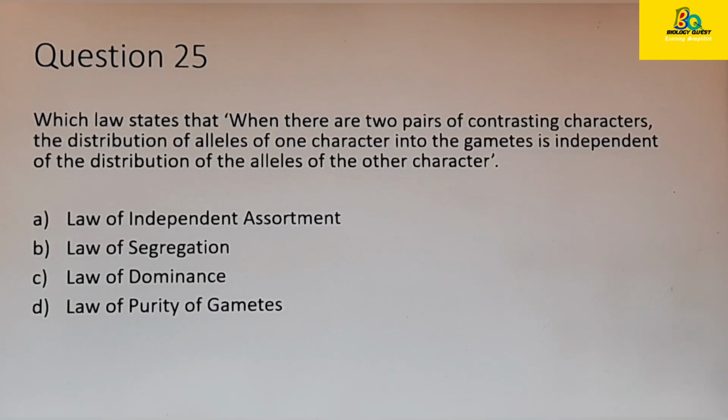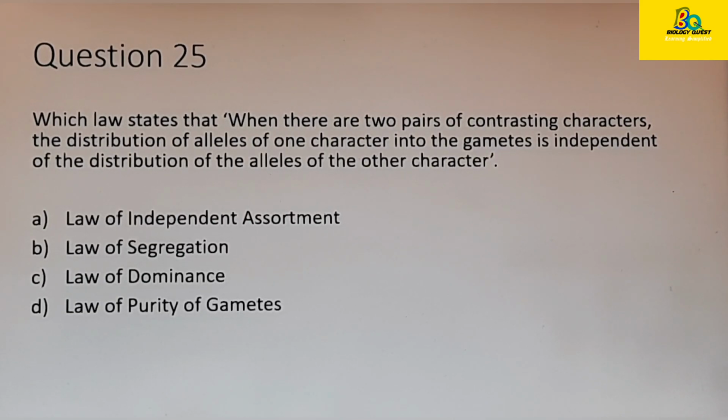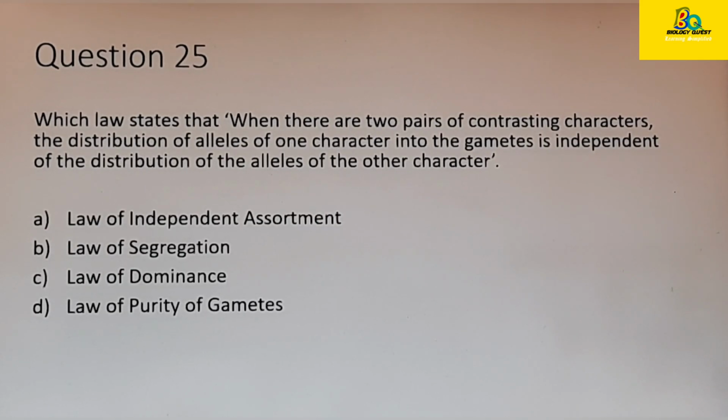Okay, now if you look at the four options, you can clearly cancel out two options, law of segregation and law of purity of gametes, because both are one and the same thing. So there cannot be two correct answers for a question, isn't it? So you can clearly, at the first glance itself, rule out option B and option D. Now, what is law of dominance?